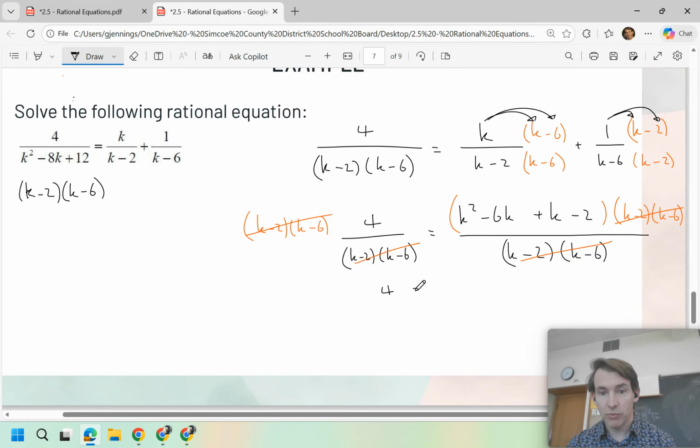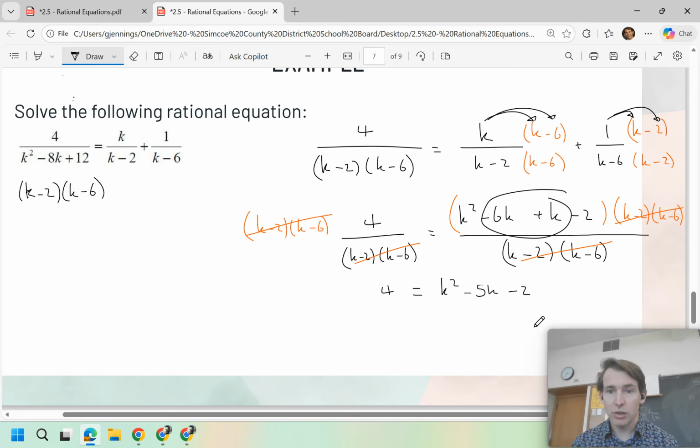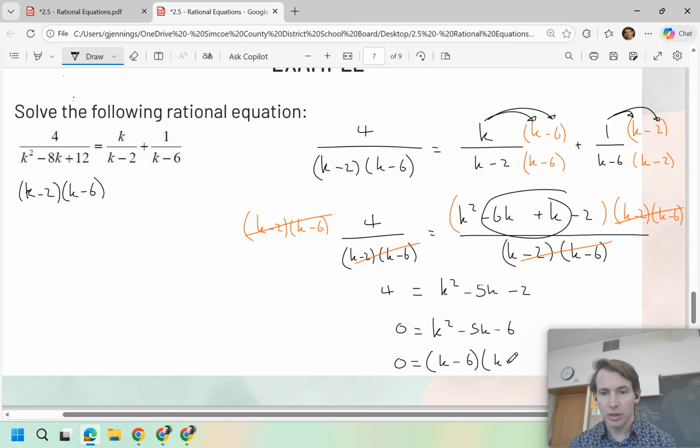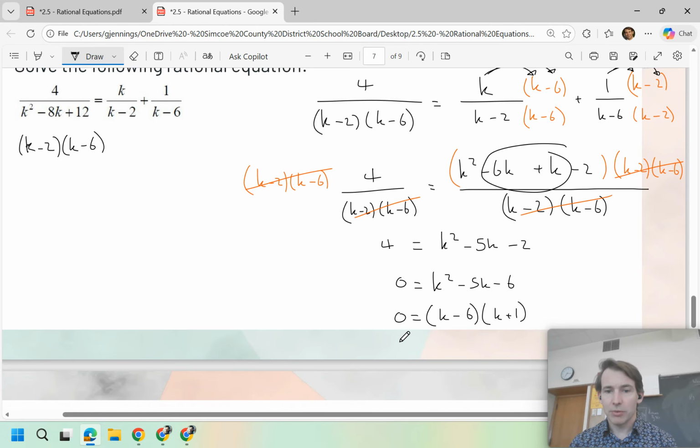Just get rid of them. 4 is equal to k squared minus 5k, because these are like terms and we collect them, minus 2. So that gives us 0 is equal to k squared minus 5k minus 6. And that means 0 is equal to k minus 6 times k plus 1. And k equals minus 1 or 6.